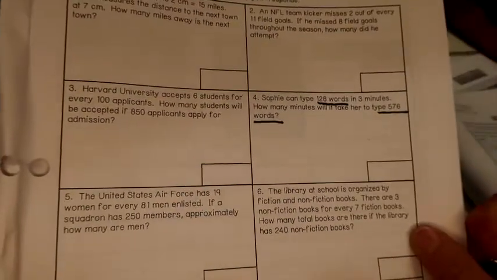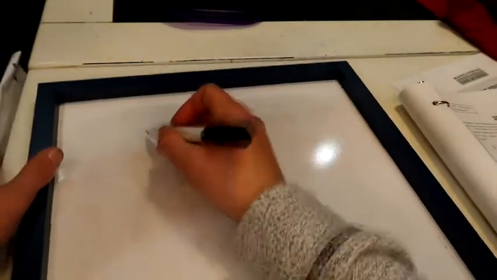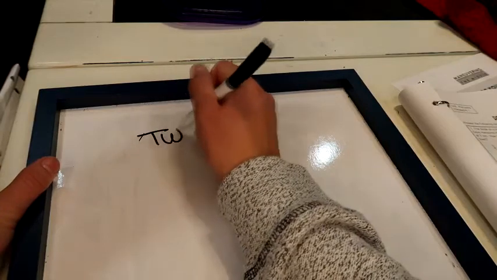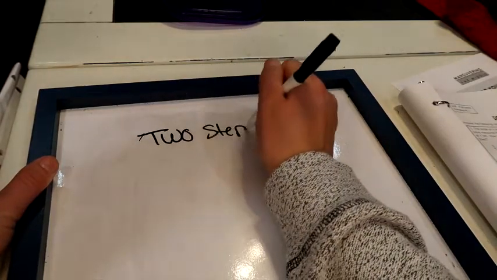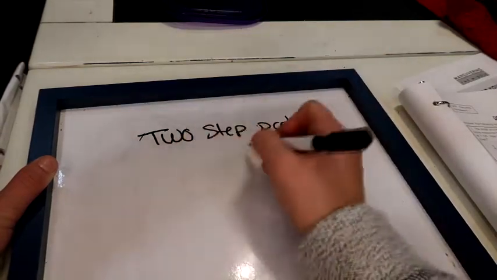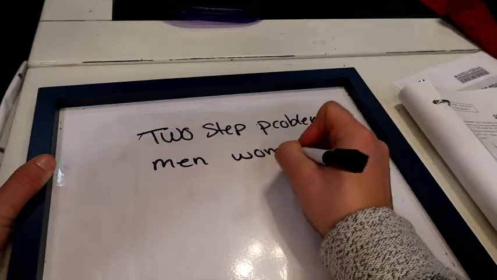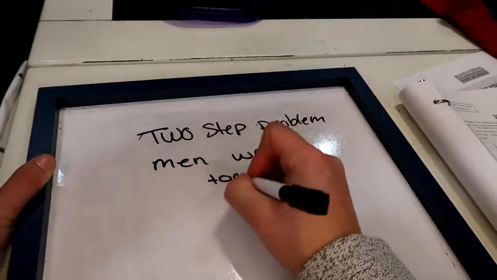So what we need to do is combine right away. This is a 2-step problem. We need to combine men and women together.